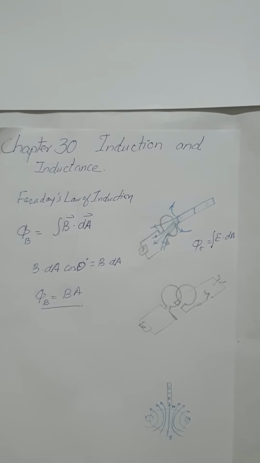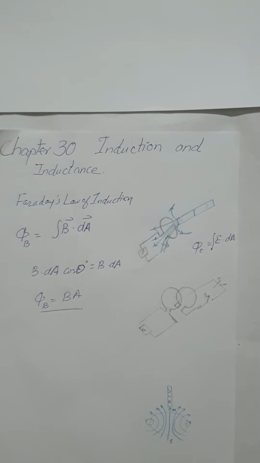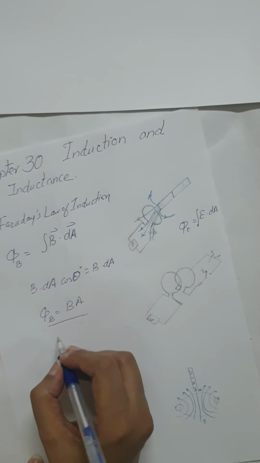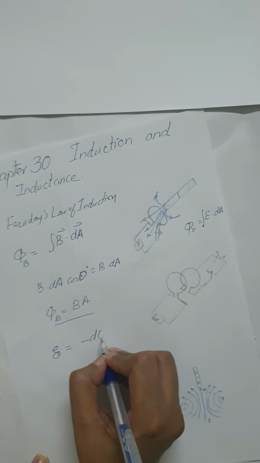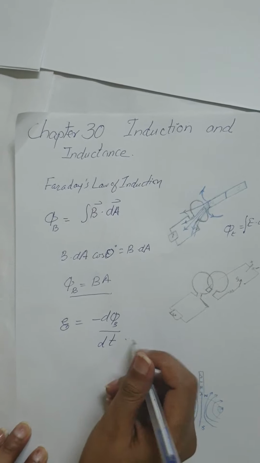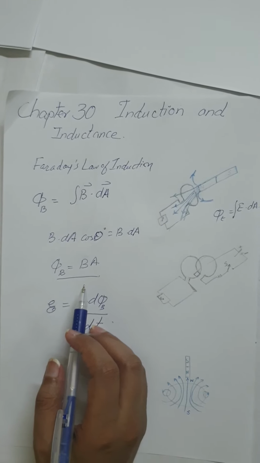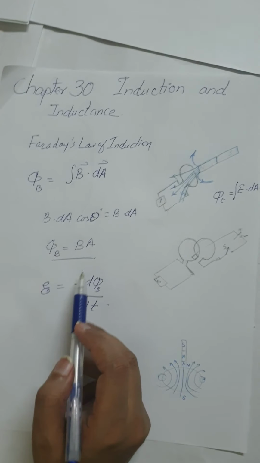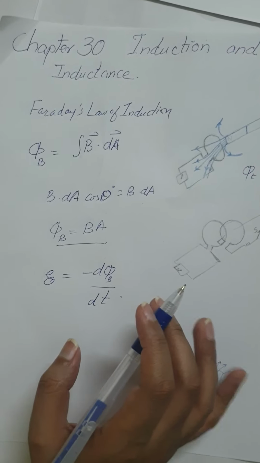So the induced EMF tends to oppose the flux change, and Faraday's law is formally written as EMF equals minus d phi B over dt here. This minus sign indicates the opposition. We neglect the minus sign in this equation. We are only seeking the magnitude of the induced EMF.